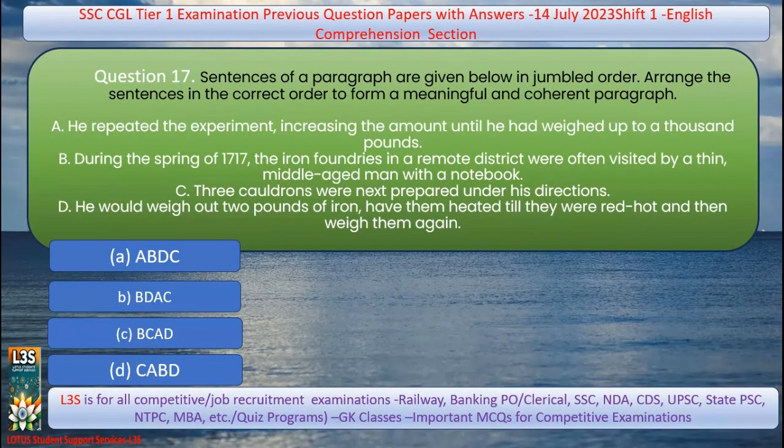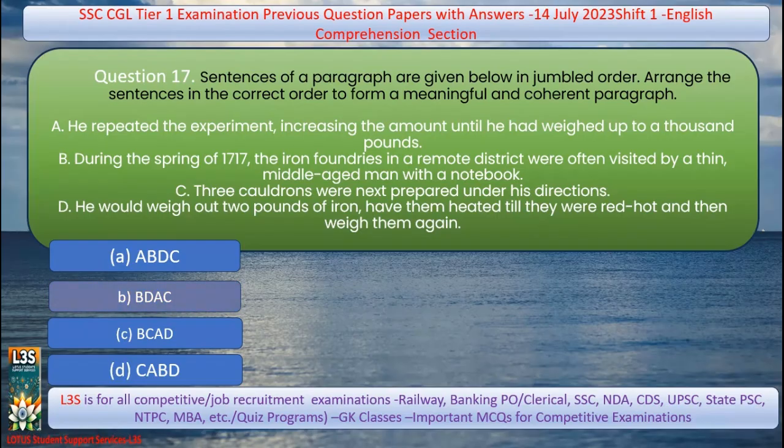B. During the spring of 1717, the iron foundries in a remote district were often visited by middle-aged men with a notebook. C. Three cauldrons were next prepared under his directions. D. He would weigh out 2 pounds of iron, have them heated till they were red hot, and then weigh them again.